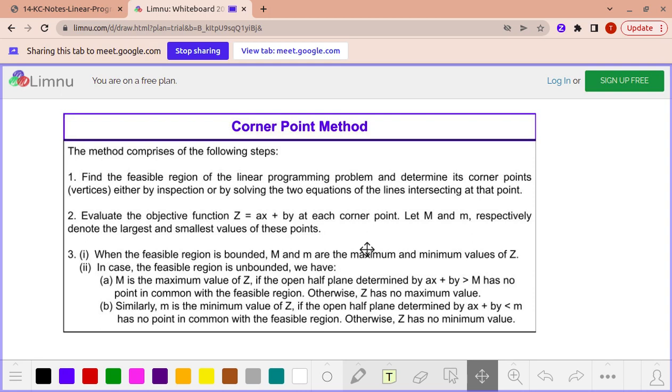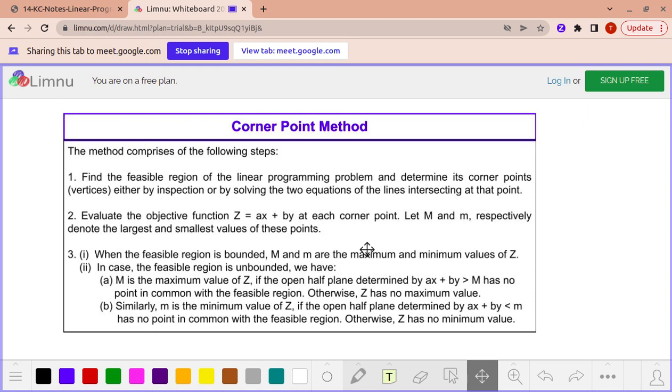We have seen how a convex polygon has been constructed and how we found the different points at the different vertices of that convex polygon. So now its more generalized version is the corner point method.